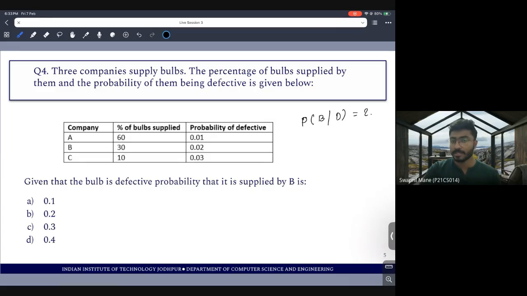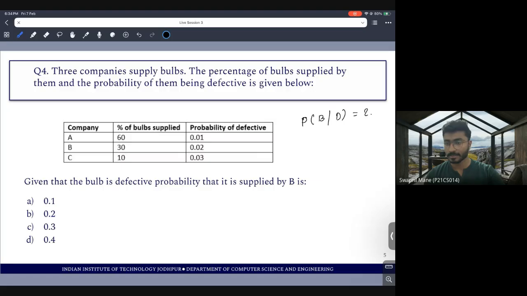So why are we solving this question? This is the base of our naive Bayes classifier, which will help you understand how the naive Bayes classifier works. That's why it is important to understand this type of question.